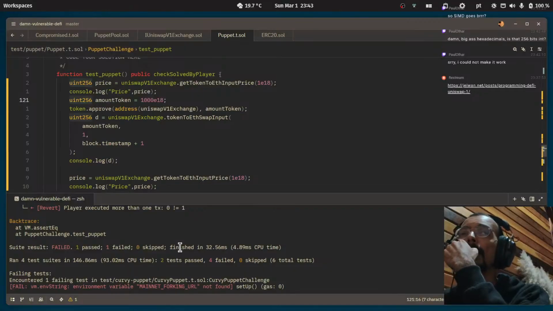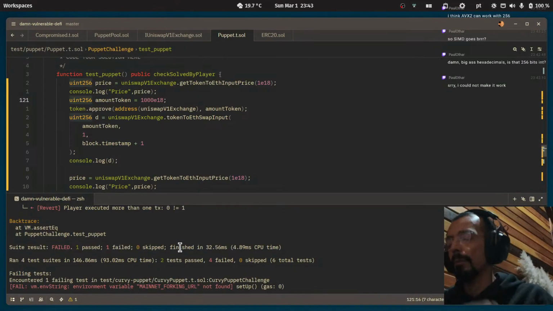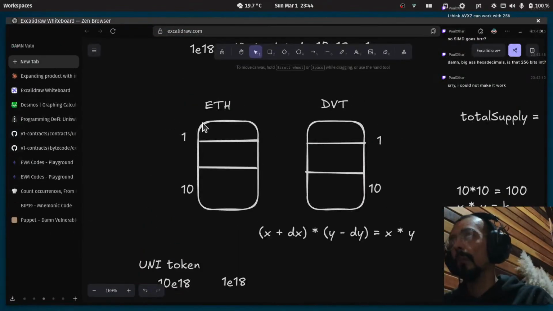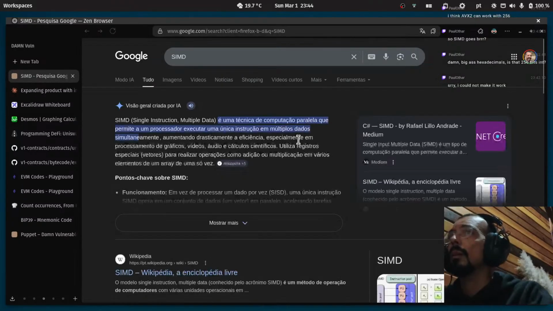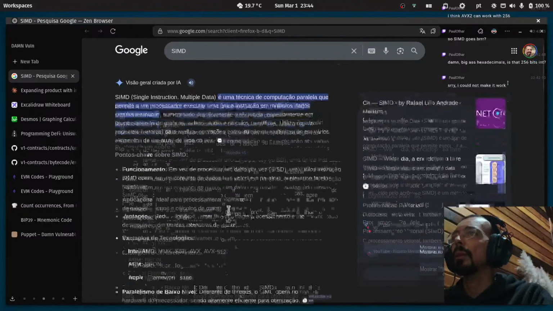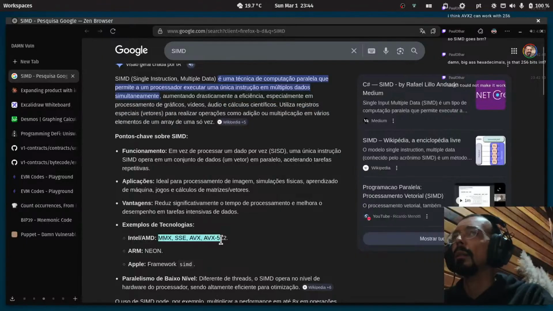SIMD is the same as... wait, now I'm a little confused. Oh, I thought it was something different. SIMD. No, yes.